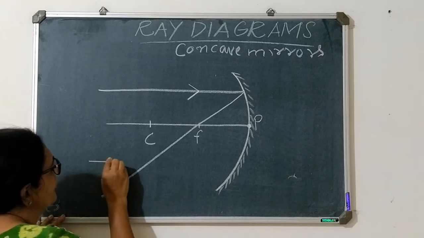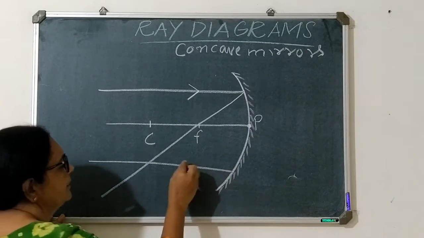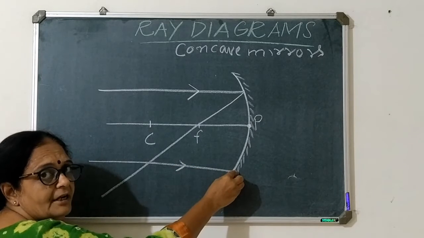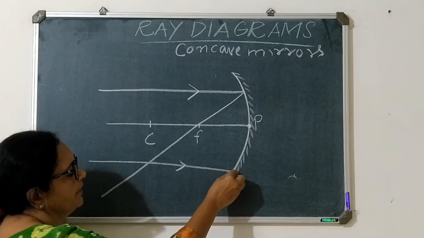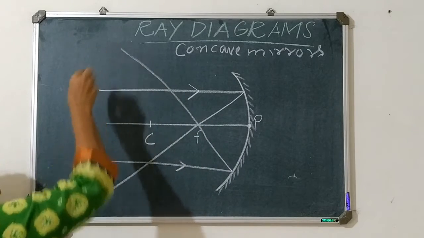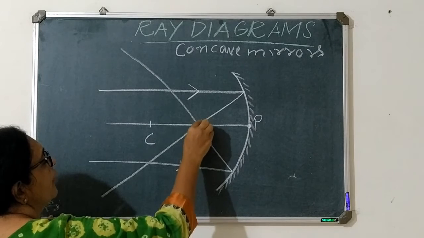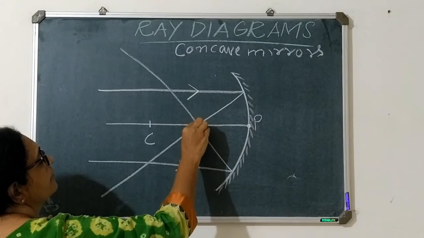Another ray is coming from here. It will strike on the mirror. After striking on the mirror, it will reflect back and pass through the focus. So where will the image be formed? At the focus.